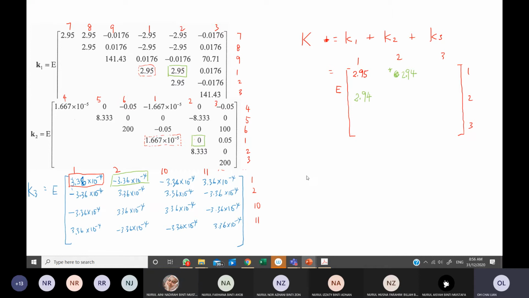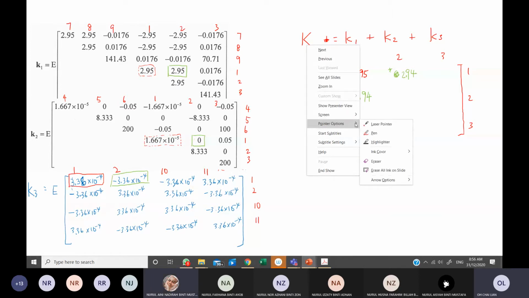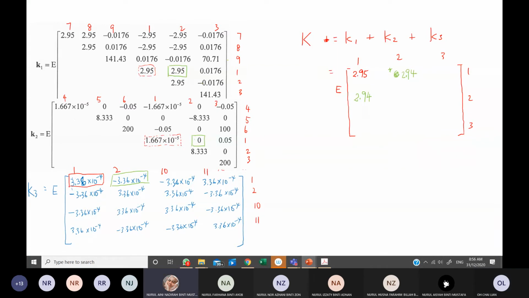Okay, so can you do K13 as well? K13 is this one. What I mean is here, row number 1 and column number 3. 0.0176, plus 0, row number 1, 0.05, and no more.